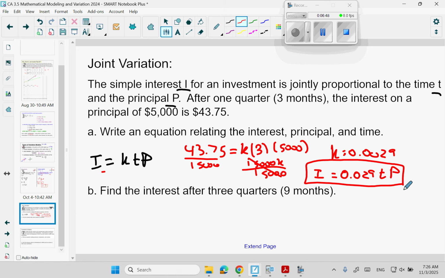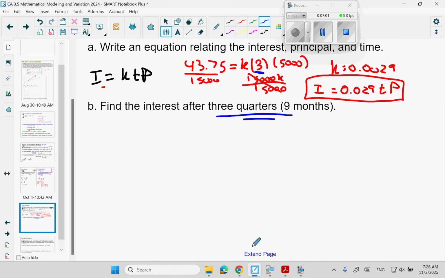Okay. Find the interest after 3/4 or 9 months. Now, because I chose months in the first time slot, I have to be consistent. If you chose quarters there, you would use 3 in this case. So we would get 0.0029 times 9 months times 5,000.